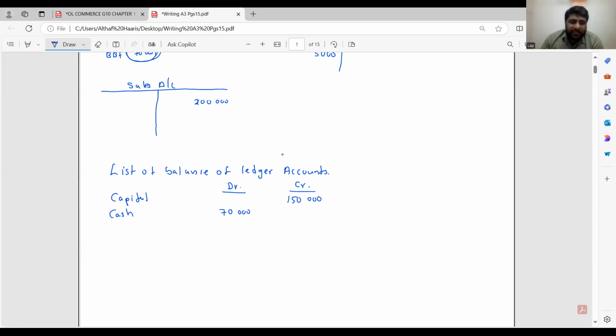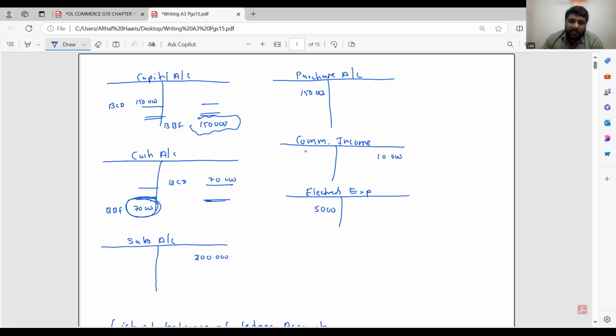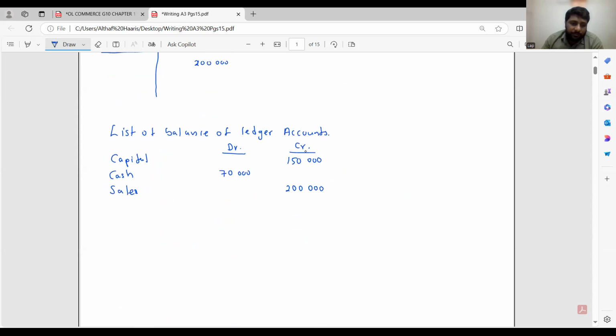Now, if you take the sales account, it is an item which goes to the income statement. You check which side the value is on: credit side again, 200,000. Then the purchase account, in the debit side, you have 150,000.